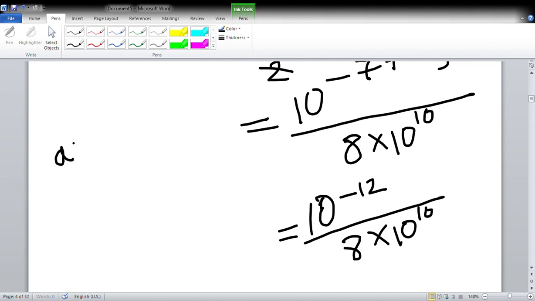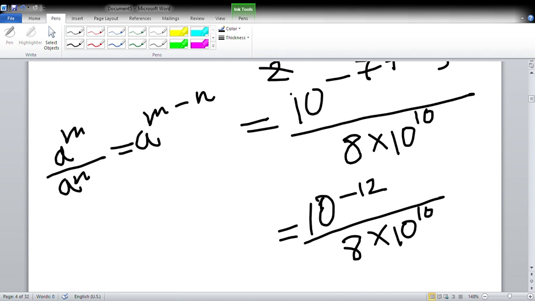So suppose a to the power m divided by a to the power n, you can simply write as a to the power m minus n, if both the base is the same, denominator as numerator.